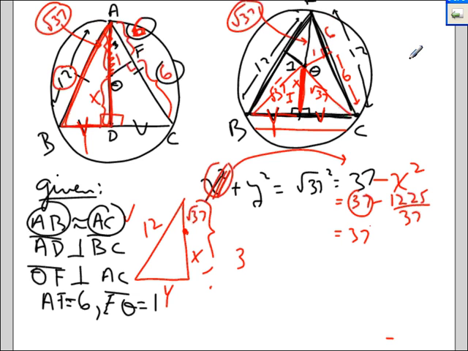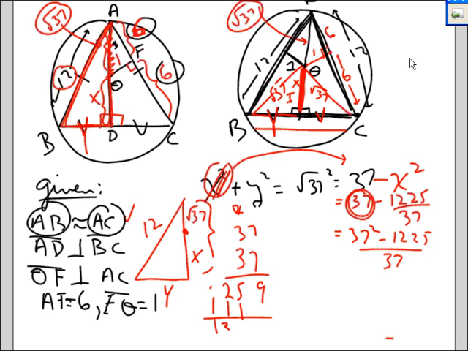So it's going to be 37 squared minus 1225 over 37. I multiply top and bottom by 37. And 37 times 37 is 1369.